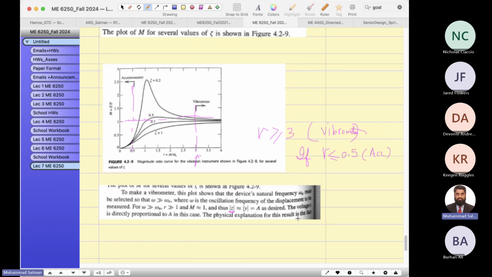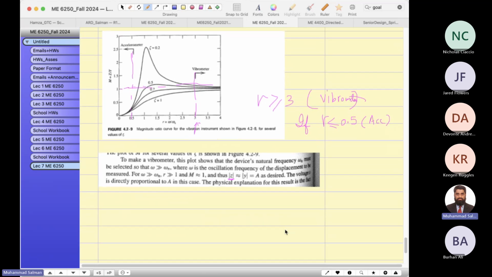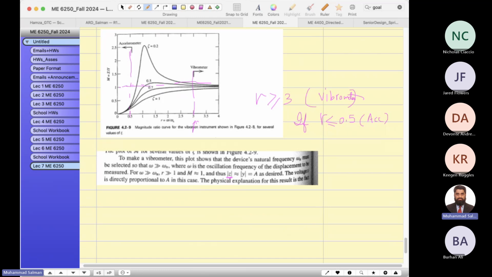So the omega frequency, the oscillating frequency, is very, very small. Let me show you why that is so.